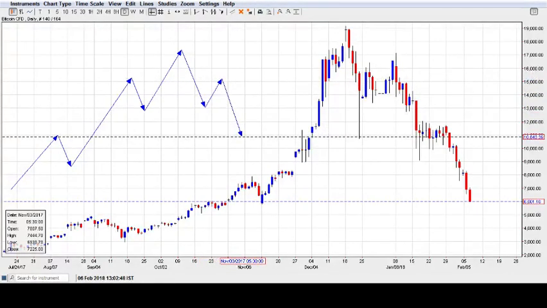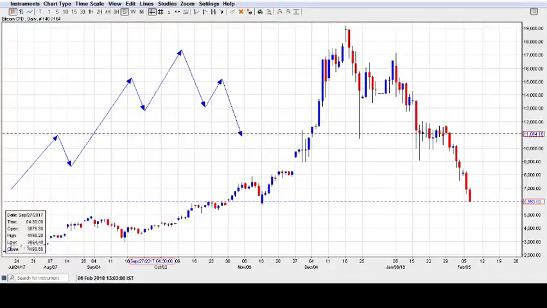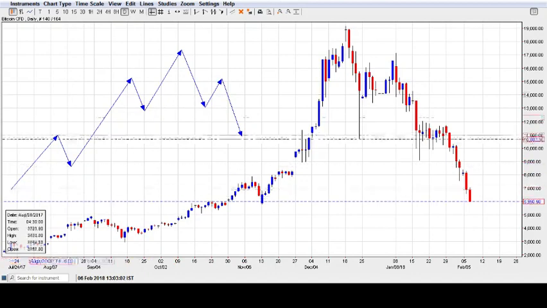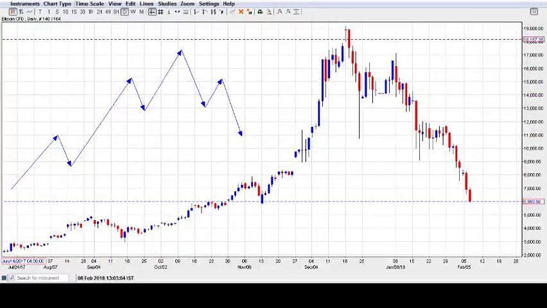Prices are testing a very critical support region right now, just around the 5,500 and 6,000 mark. Let's understand the basic pennant structure now.